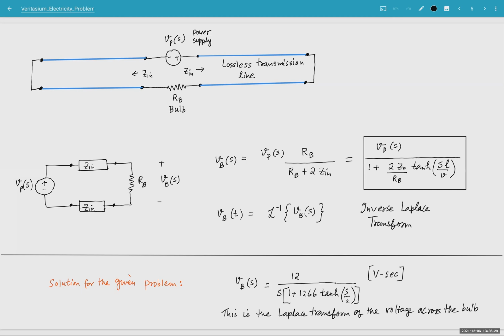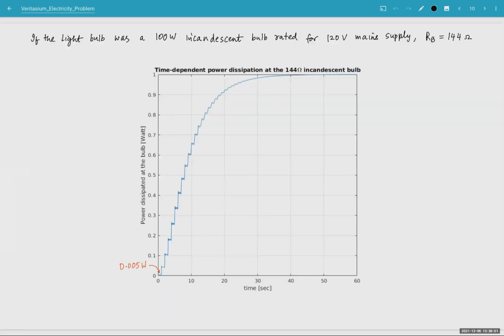If you calculate 12 volts squared over 144, this is about 1 watt. So that won't be a good bulb to put in front of a 12 volt supply to get any kind of light output. But let's just look at what this bulb will give us.